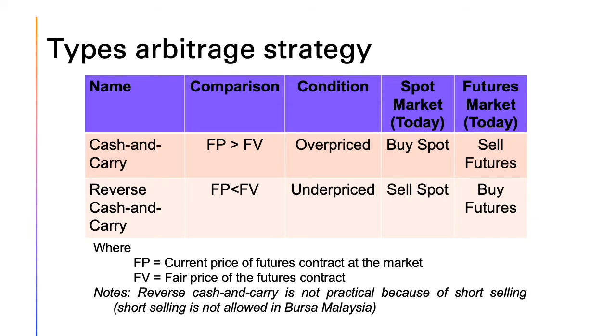In reverse cash and carry, you need to sell spot and at the same time buy futures. But for Fkli in Malaysia, reverse cash and carry is not practical because short selling is not allowed in Bursa Malaysia. So we can only use one arbitrage strategy in Bursa Malaysia, which is the cash and carry strategy.